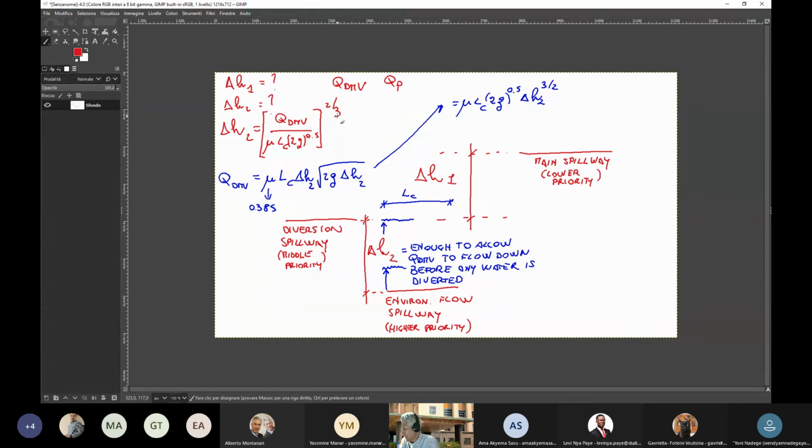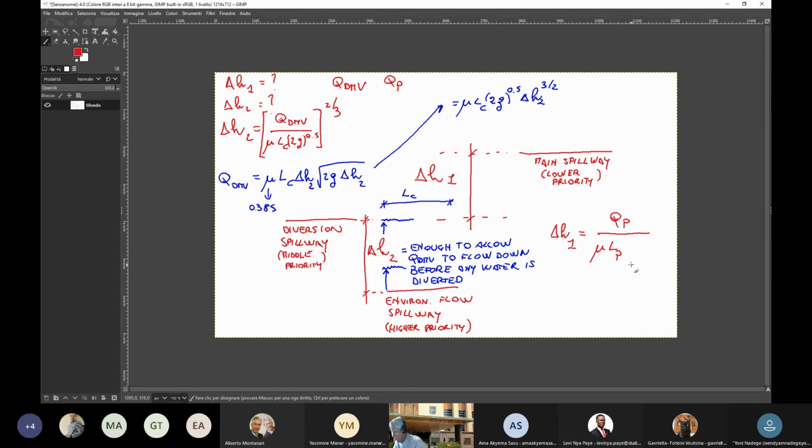Now, in a similar way, we can compute delta H1. And now the reasoning is equivalent, but I have to put at the numerator QP, and at the denominator I have to put μ LP.